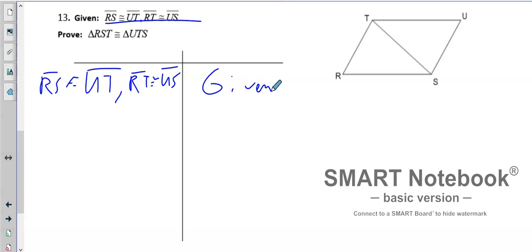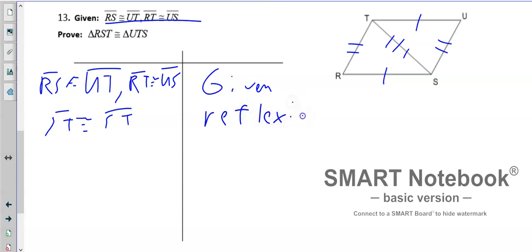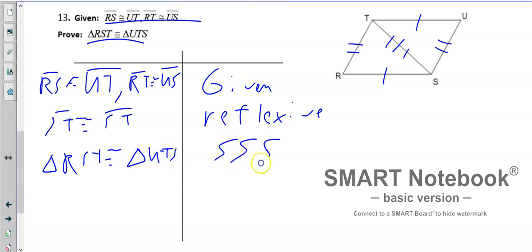I also immediately mark RS and UT, RT and US, and I should automatically mark this. Then I say ST is congruent to ST by the reflexive property. And I'm actually done. Triangle RST is congruent to triangle UTS by side, side, side.